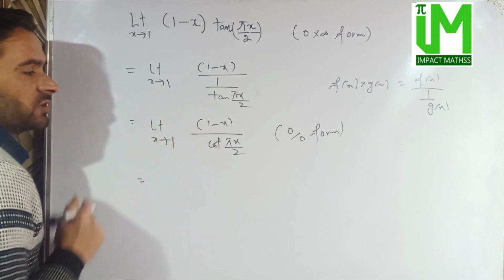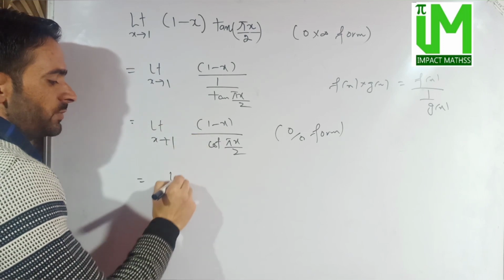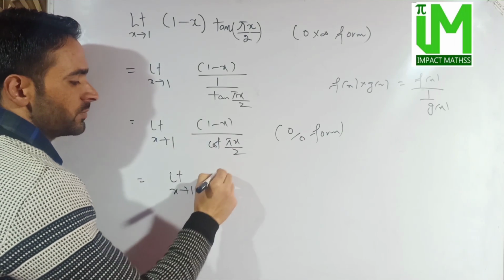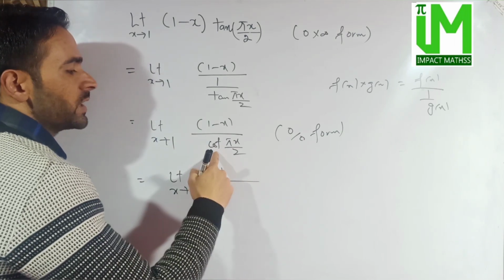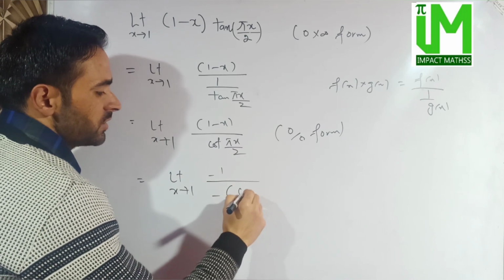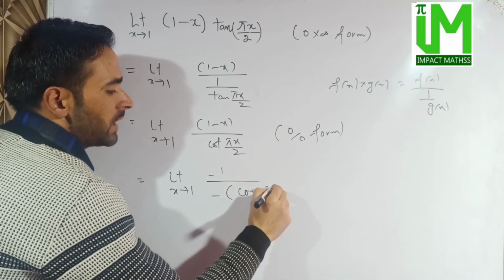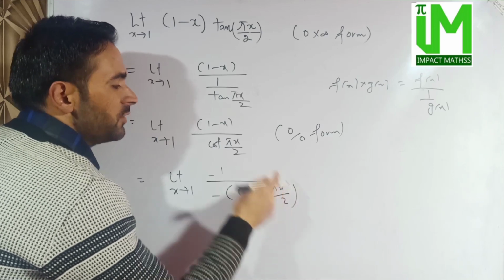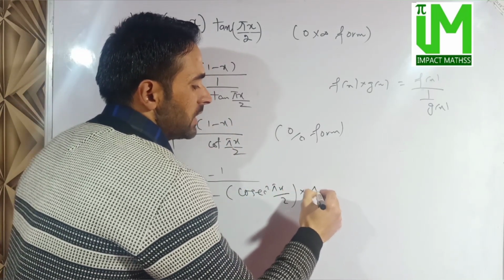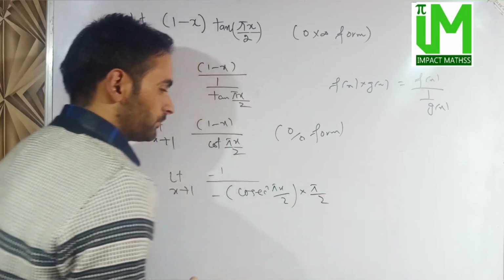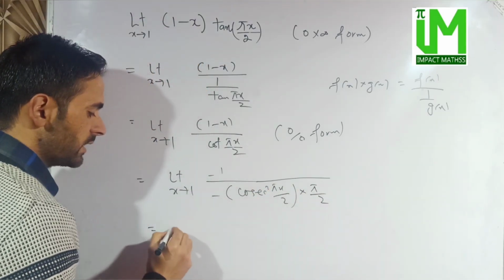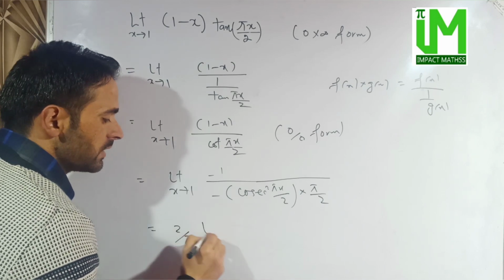So differentiating numerator and denominator, it will be limit x approaches 1, 1 minus x, so this will be minus 1, divided by the differentiation of cot of pi x by 2, so it will be minus cosec square of pi x by 2 into the differentiation of pi x by 2, so that will be pi divided by 2. So next we can proceed, pi by 2 will come out as 2 by pi.